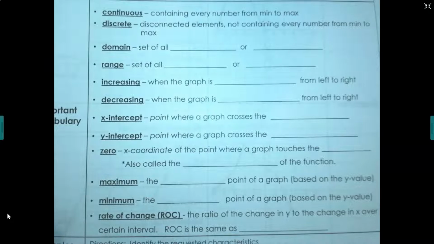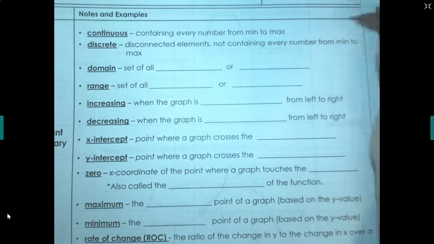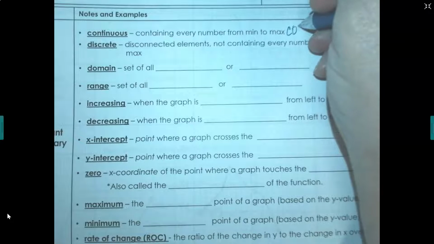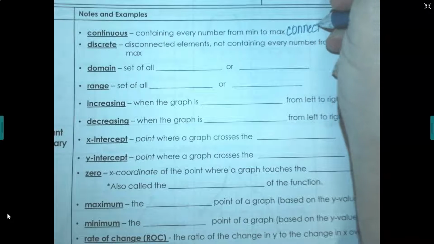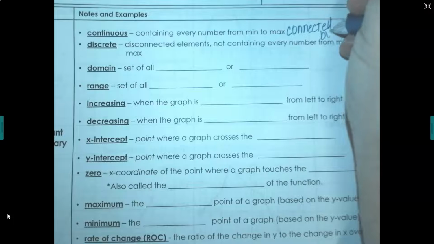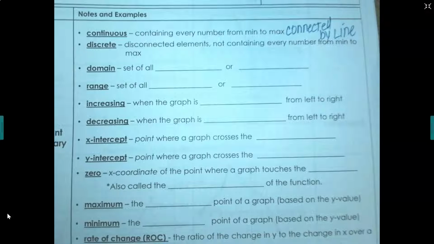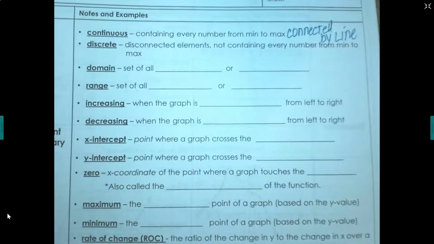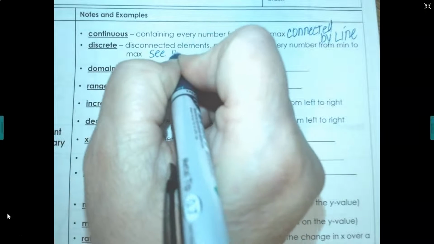So continuous means contains every number, so that is connected by a line. Discrete means disconnected elements, not containing every number, so you can see the individual points.